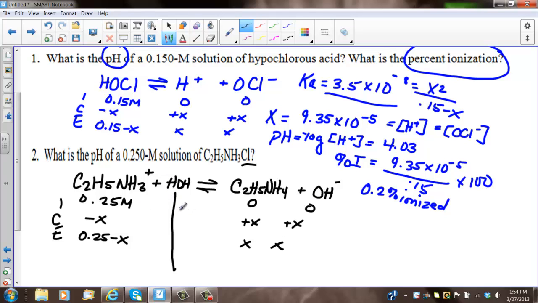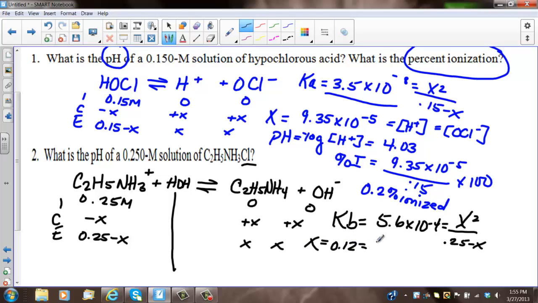I believe that was in table 14.3 for the C2H5NH2. Kb is equal to 5.6 times 10 to the minus 4, equal to x squared over 0.25 minus x. And when we solve for x, we get x equal to 0.12, which is equal to our OH- concentration.